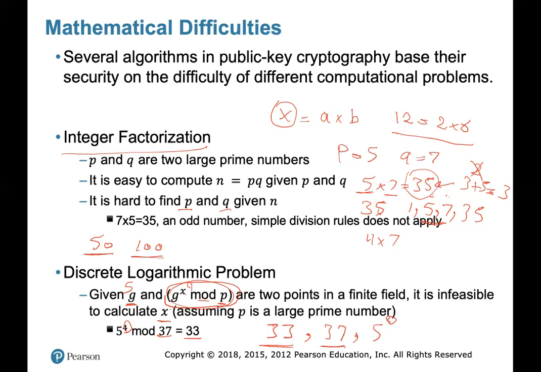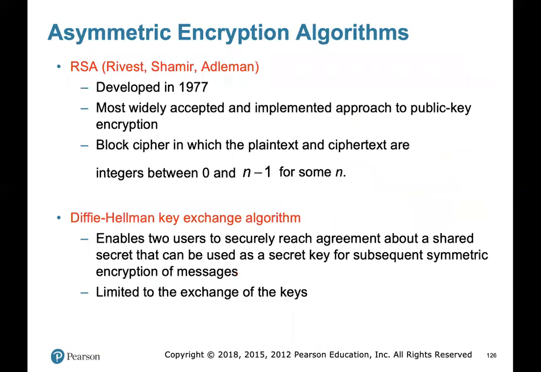Okay, based on these two types of mathematical tools that we defined, which we will be using, we showed that it's going to be difficult if the prime numbers are chosen big enough. Let's talk about the algorithms.